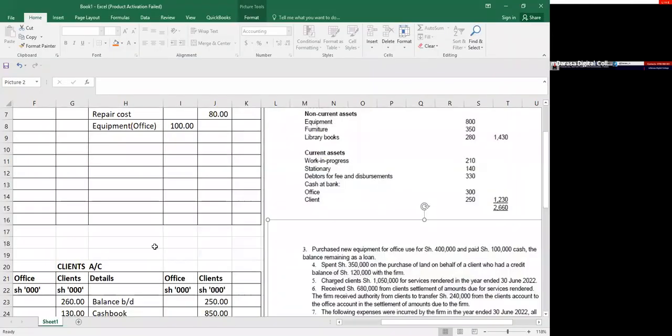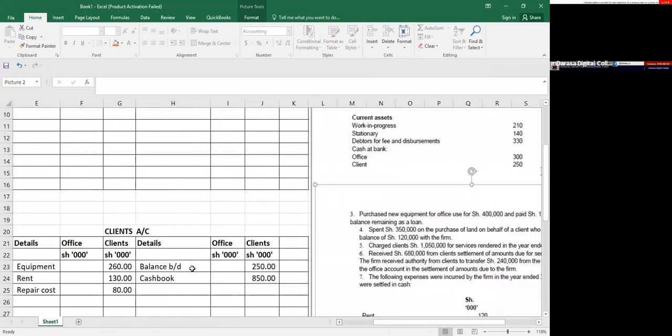In this case, this person had only 120 in his account, right? So if he had 120 in his account, my good students, at this point we're going to talk of our land. With sufficient amount, we debit our client's account, client's column, and we credit our cash book, client's column.